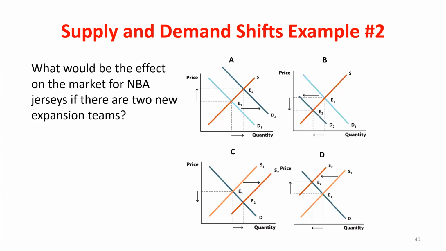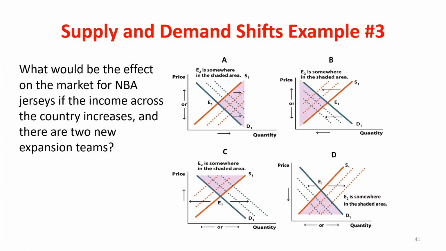Supply. We have more teams, so more games are going to be able to be played. If more games can be played at the same price, supply is increasing. So it's a shift in the supply curve, between C and D. If it's a supply increase, that means at the same price, I would supply more. So this rightward, outward shift, this increase in supply, is the one we're thinking about.